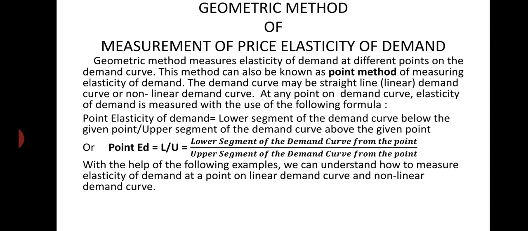When a point is given on the demand curve and we are asked to find out the elasticity of demand at that particular point, then we calculate point elasticity by using the formula L by U. It means the lower segment of the demand curve from the point divided by the upper segment of the demand curve from the point.